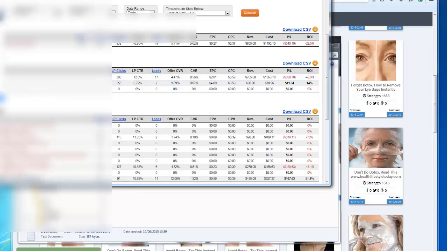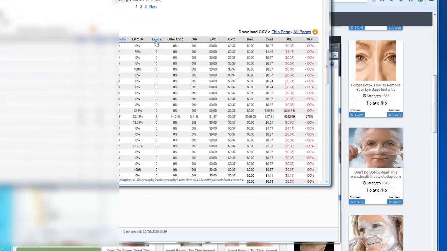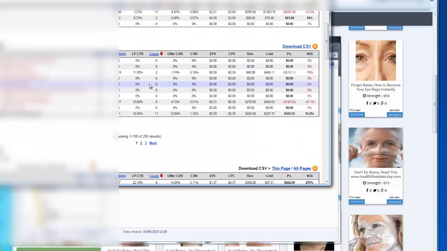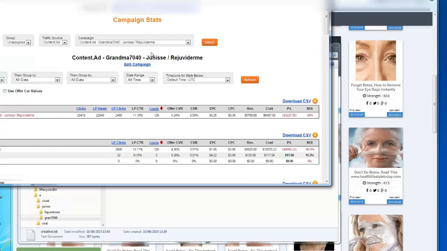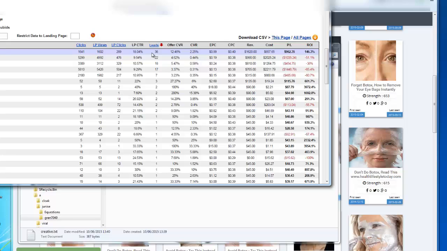And we tracked everything, so we've tracked the domains, and if I sort by leads, what time period am I running? Oh, that's for today. If I run this for all time, you can see one of these, our top campaign, gave us a good return on investment.